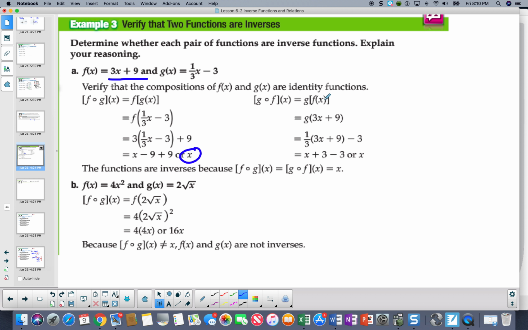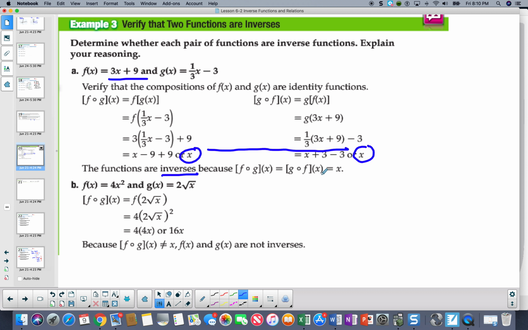Now if you do g of f of x, and you put your f of x into g, so everywhere there's x, you're going to write that, and you get an x again. And when this happens, that means they're undoing each other. All the multiplying and subtracting, multiplying and adding are undoing each other. And we say that they are inverses.